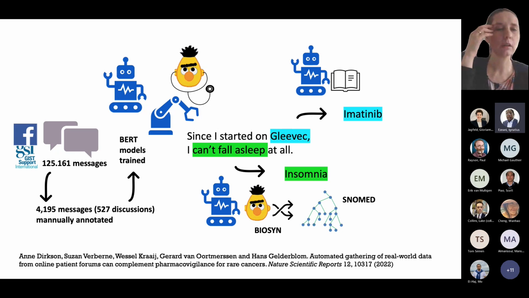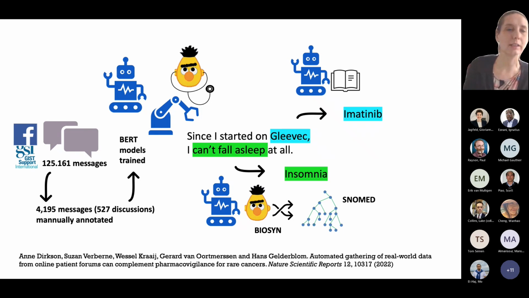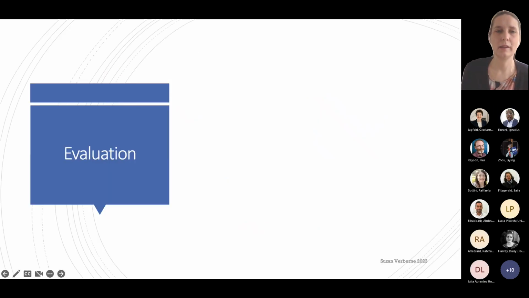Okay, that's what you annotated. Yeah, so we had a sample of 4,000 randomly selected messages that we manually annotated. We're getting to the statistics about how much we found later. So this is the training data, right? So we need manually annotated training data to be able to train our models.